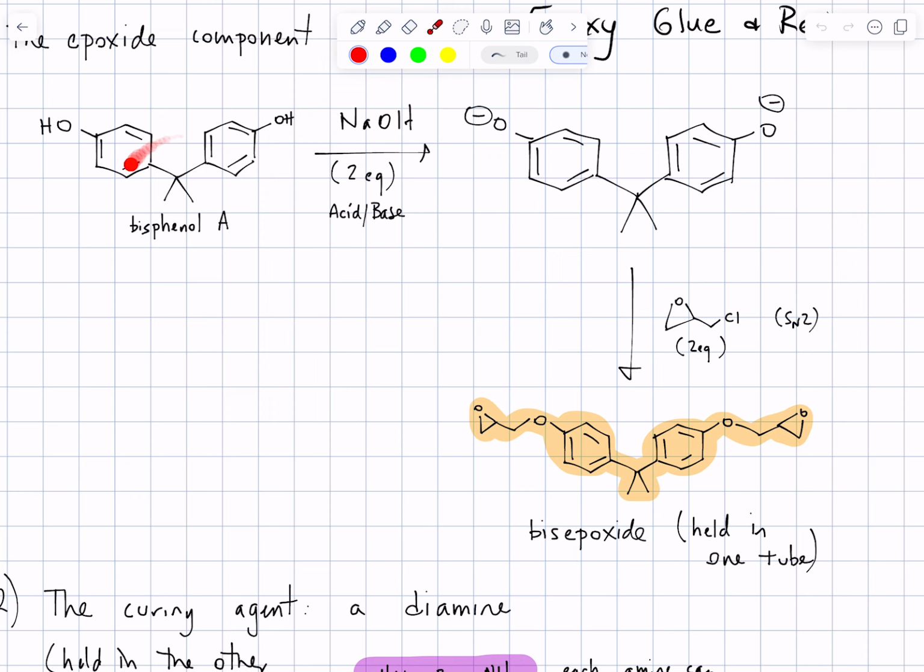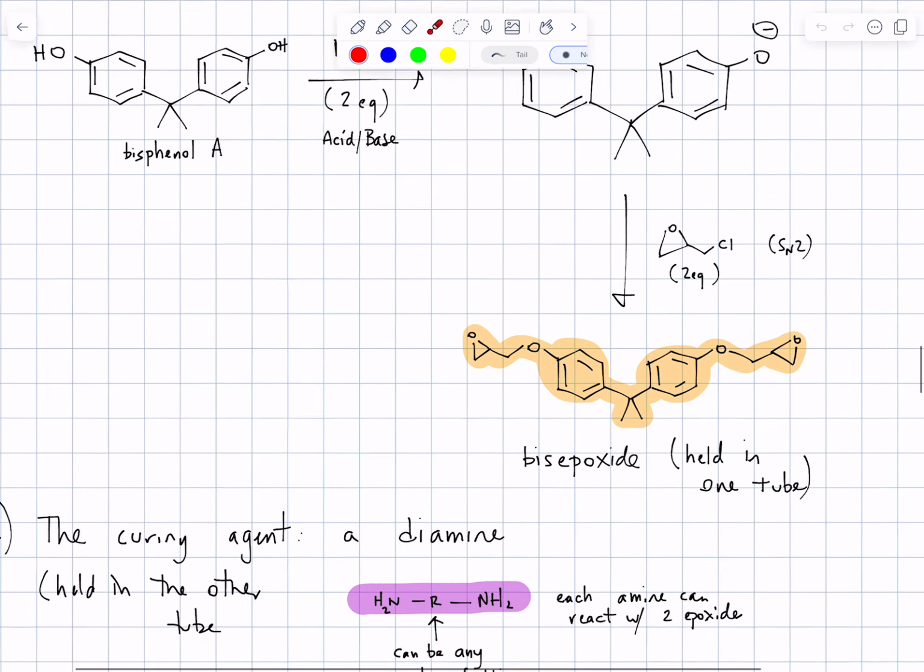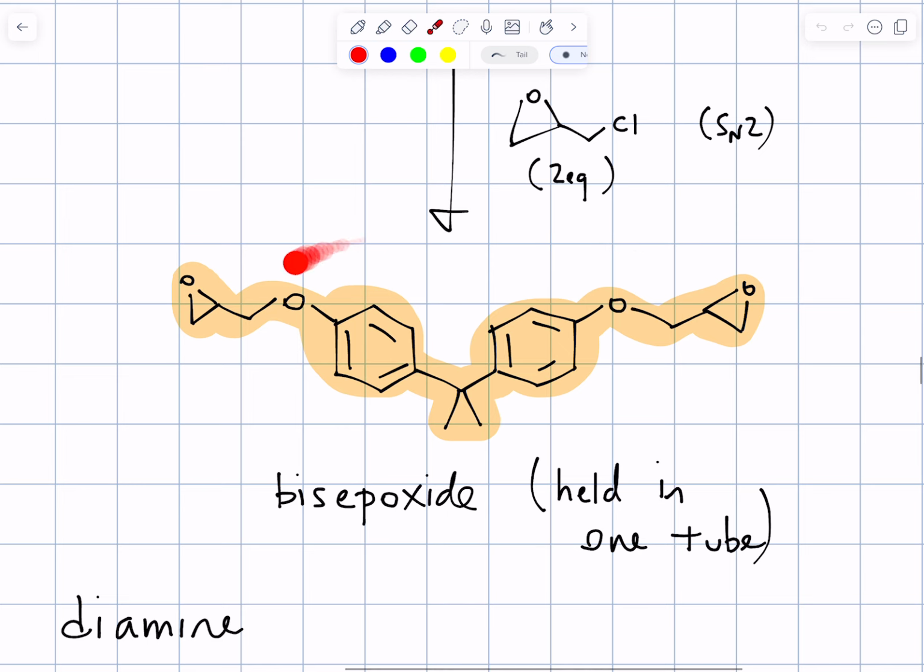This is bisphenol A. It has some activity against estrogen receptors, and so that's one of the reasons why people don't like to have it be in plastics that are involved in food. In any case, the key is you've got an epoxide, and notice that the epoxide has two carbons, A and B. One is more substituted than the other. So there's going to be some regioselectivity in epoxide opening.